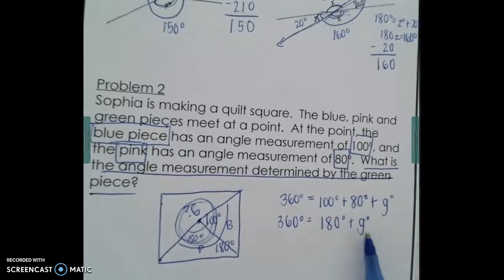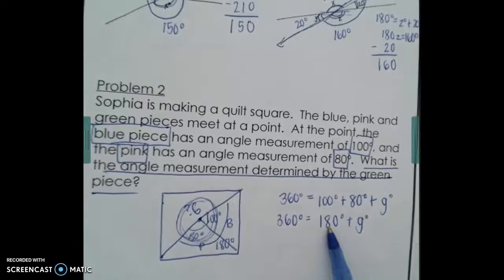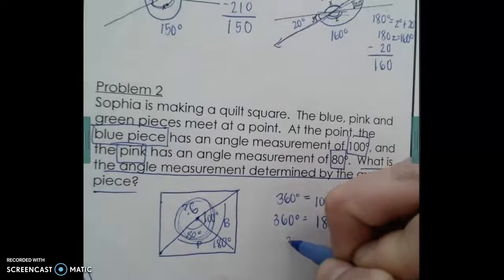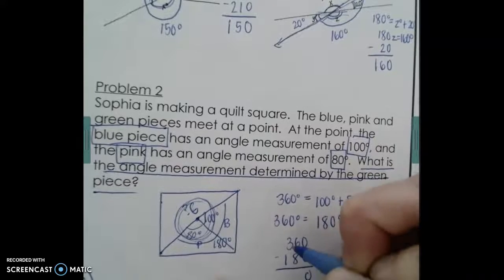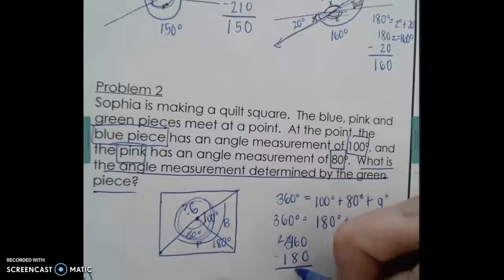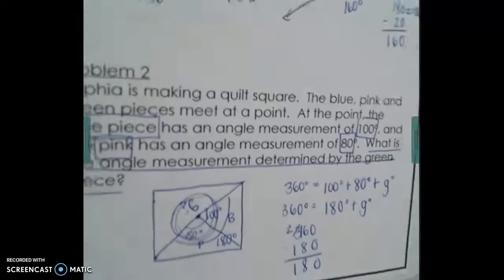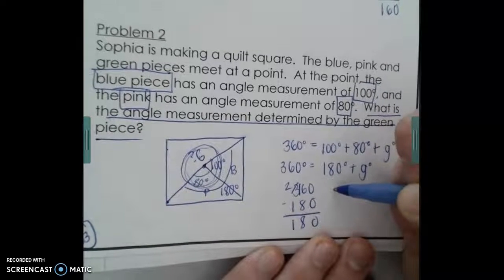So how do I find out what my G is to make it a full circle? Well, 180 should jump out at us. We should know 180 is half a circle, right? So if this is a full circle, what am I adding to it? The other thing we can do is just subtract. 360 minus 180. And we should get 180, right? That half a circle. So what is the angle measurement determined by the green piece?